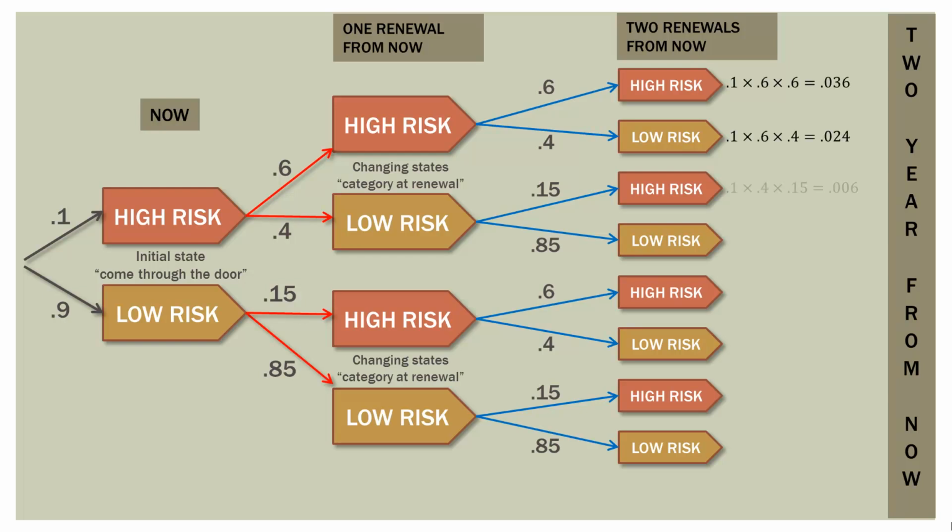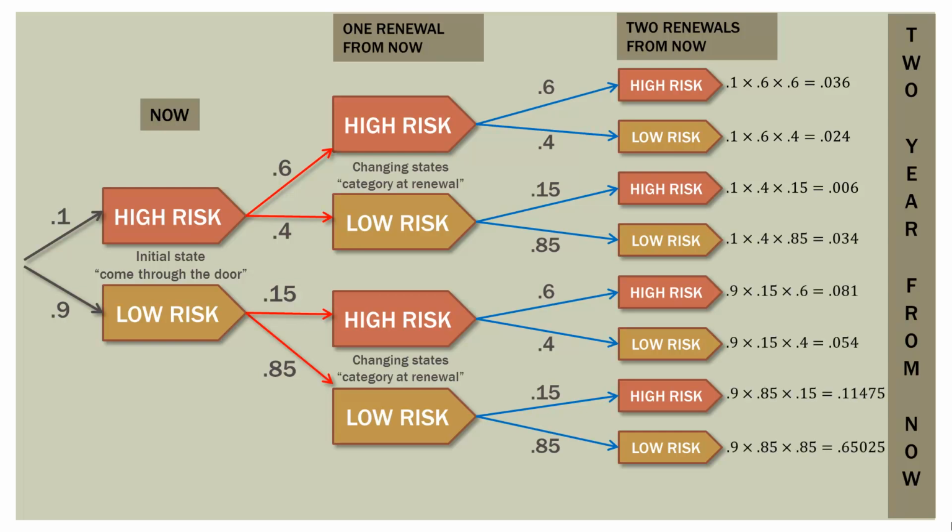Now we talked about the probability for each outcome by multiplying through each path. So if you look there at the top, the probability that a customer comes in, they're high risk. 1 year from now, they're high risk again because they got a ticket. 1 year after that, they're high risk because they got a ticket again in that 12 months. Is 0.1 times 0.6 times 0.6.